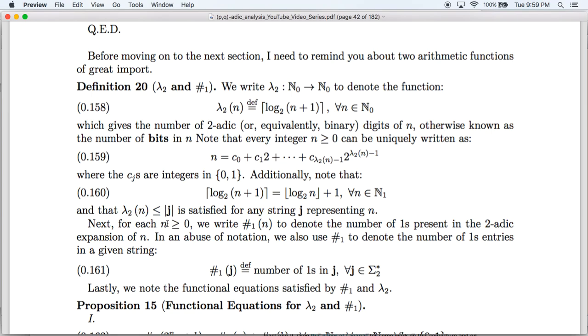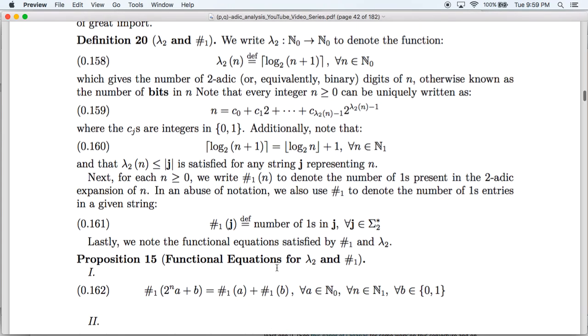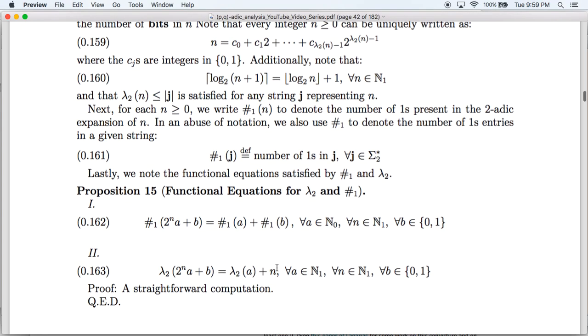Next, for each n greater than or equal to 0, I write the number of ones of n to denote the number of ones present in n's 2-adic expansion. In an abuse of notation, I'm going to use number of ones to also denote the number of ones in a given string. So the number of ones of j is the number of ones of j. And we have the following functional equations.